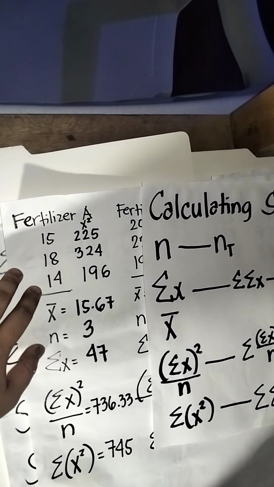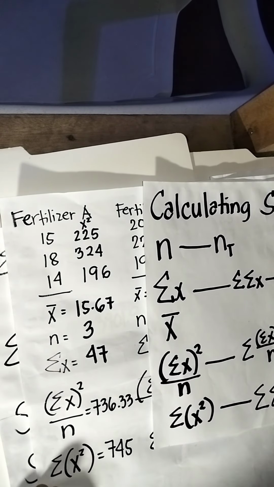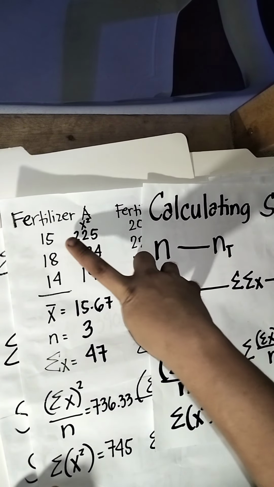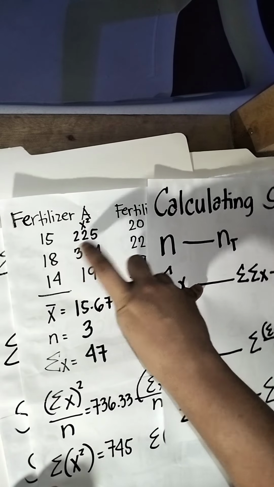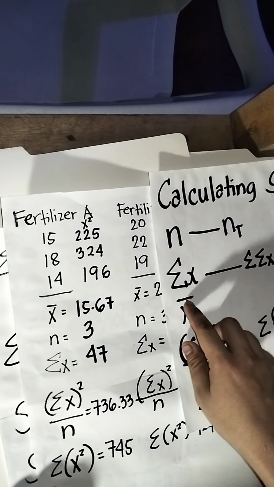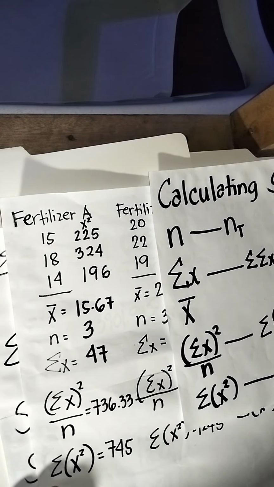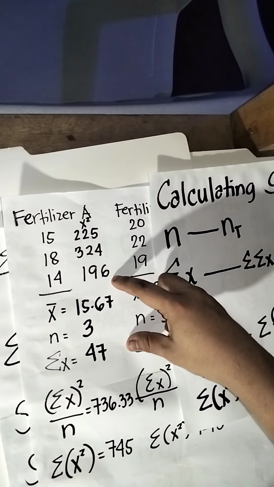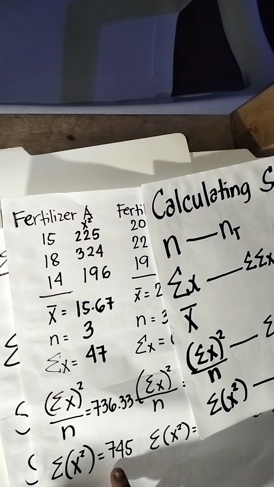Karon, you get the summation of the x square. Nakuha na ba nimong x square nga ni? Yes, nakuha na nimong x square sa 15, x square sa 18, x square sa 14. You get the summation. When you get the summation of x square, you are just adding everything. So you add this one. So our result is 749.